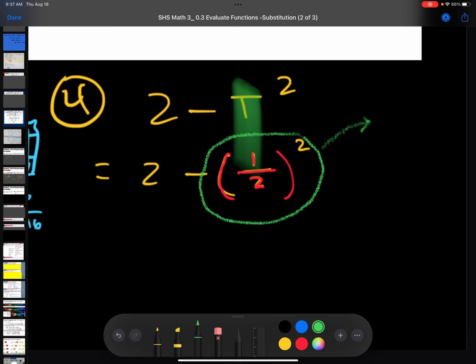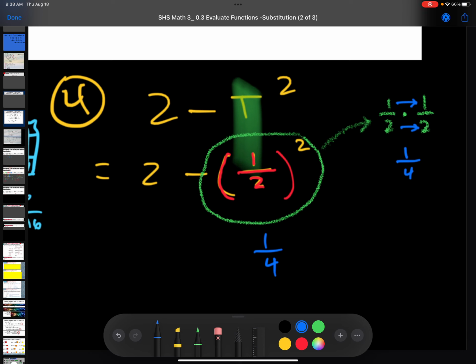No. So what is it? 1/2 times 1/2. Okay? And basically, when you multiply fractions, you multiply across. So that would give you what? 1 times 1? 1. And 2 times 2? 4. So this is becoming 1/4.